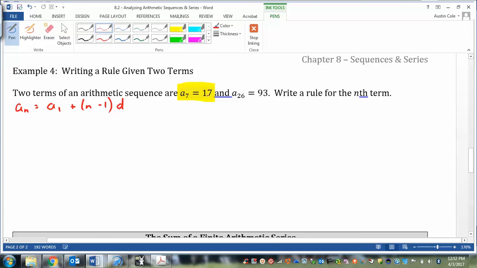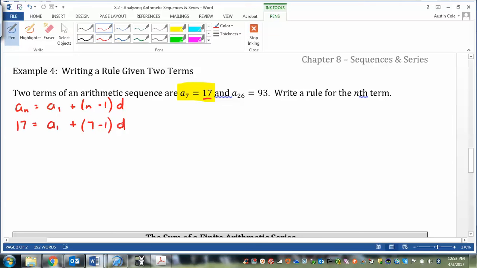So what do I plug 17 in for again? A sub n, so 17 equals, I don't know what a sub 1 is, do I? No. Do I know what n is? Yeah, 7, so 7 minus 1. Do I know what my common difference is? I do not. So that's really all I know.